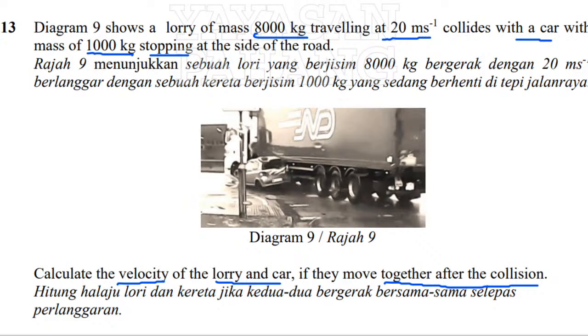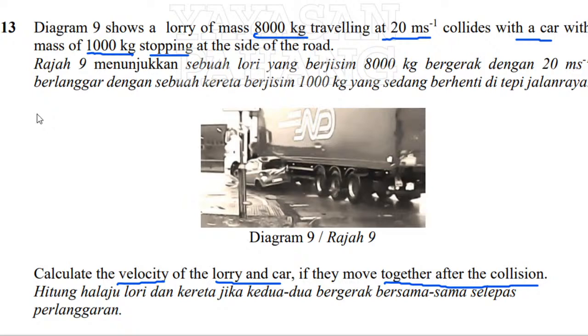So for the principle of conservation of momentum, the total momentum before will be the same as the total momentum after collision. Since we have car and lorry, I just use 1 for lorry, 2 for car.